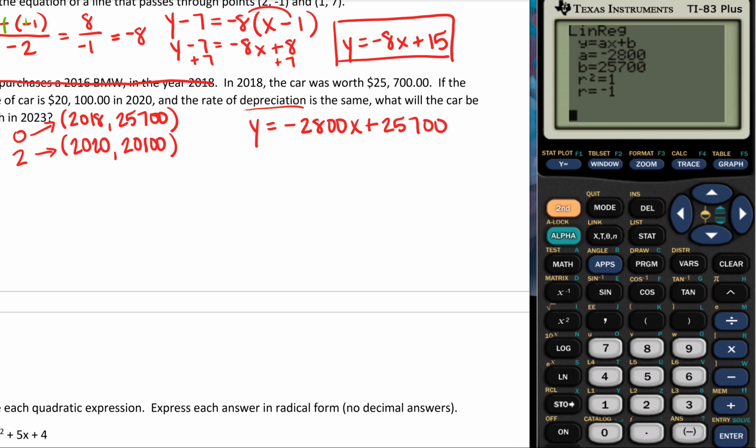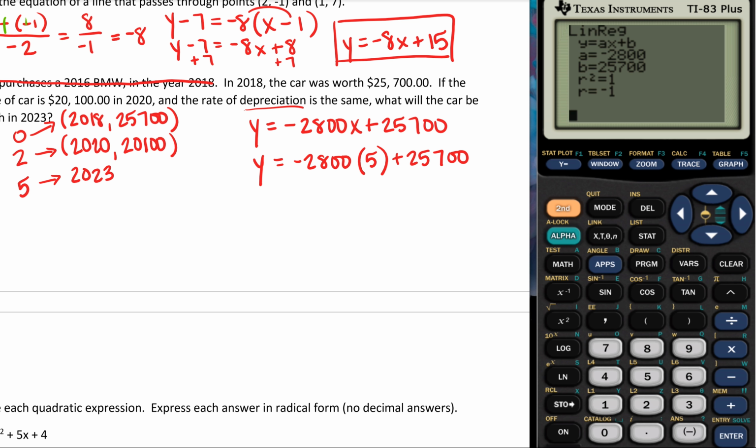And now we're going to look for the year 2023. So I'm actually going to plug in 2023, by the way, is how many years later? Well, 2023 is 3. No, I'm talking about 5 years after 2018. So I'm going to be y equals negative 2,800, and I'm going to use the number 5 plus 25,700.